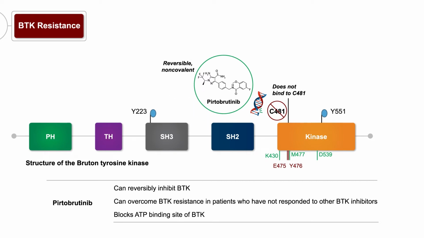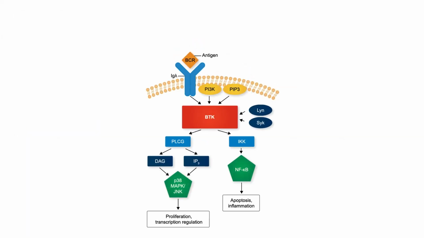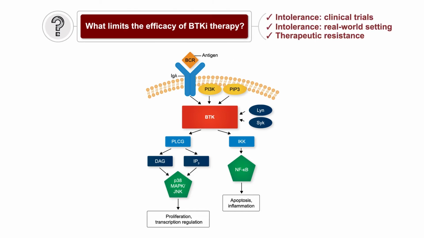And pirtobrutinib works by blocking the ATP binding site of BTK, so a very different mechanism than our covalent irreversible inhibitors. So we can now see how intimately resistance is tied to these BTK inhibitor mechanisms. What about intolerance? For that, we need to get a better understanding of the selectivity of BTK inhibitor class of agents.